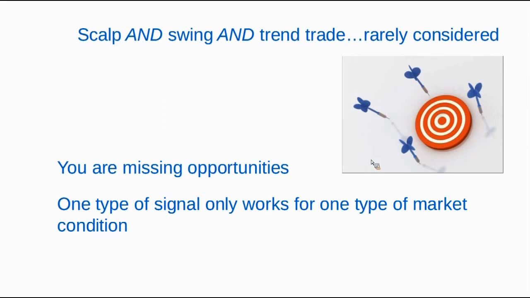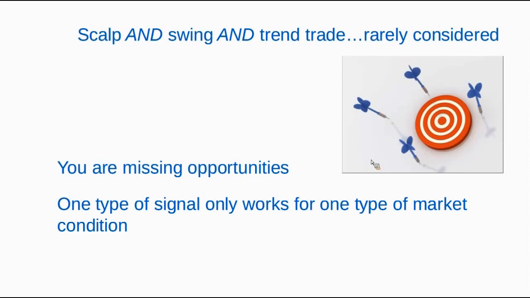The second problem that you have is that if you're only using one signal, it's not going to work with every market condition. One size does not fit all when it comes to trading. And this is what catches a lot of people by surprise. They think that if you have one signal, or a relatively effective signal, that it's going to be effective in a scalping environment or a swing trading environment or a trending environment.